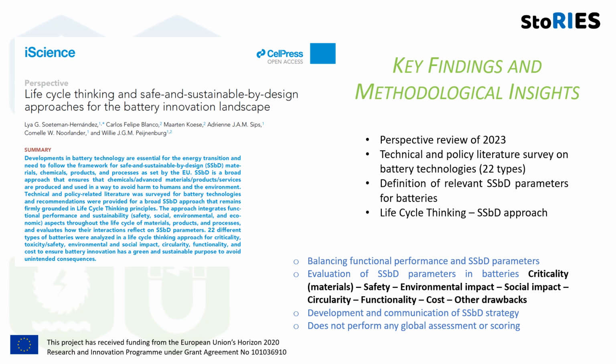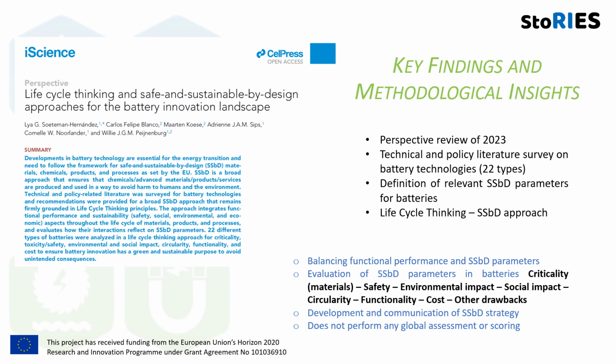Concerning some results that they draw, they found that it is possible to get a balance between the functional performance and parameters linked to safety and sustainability. The parameters they say are important to evaluate are the criticality of materials, the safety of course, and environmental impact, but they also stress the social impact, the functionality, and the circularity of the materials used for the battery.